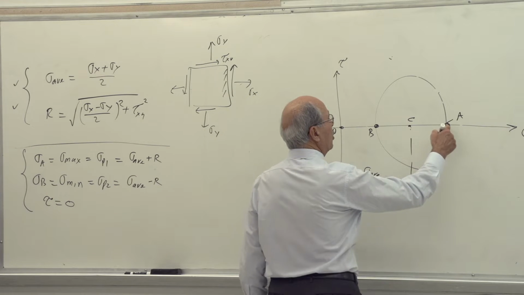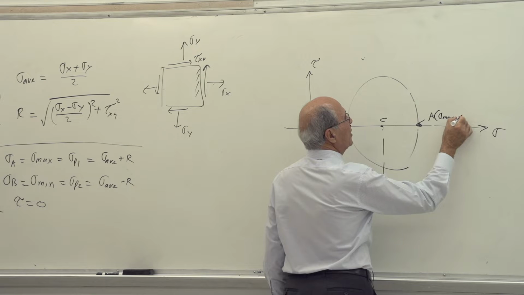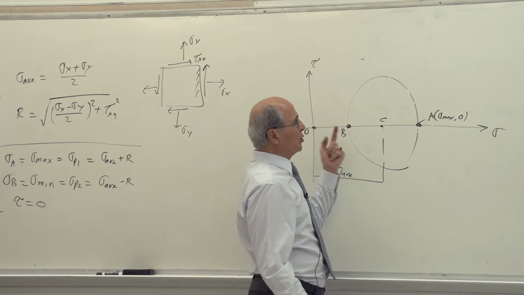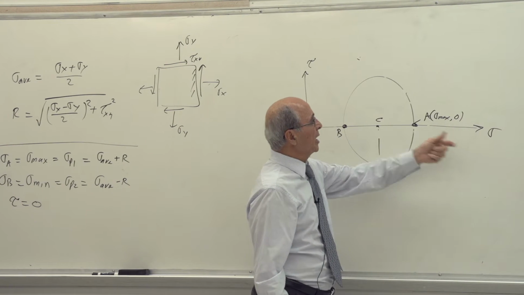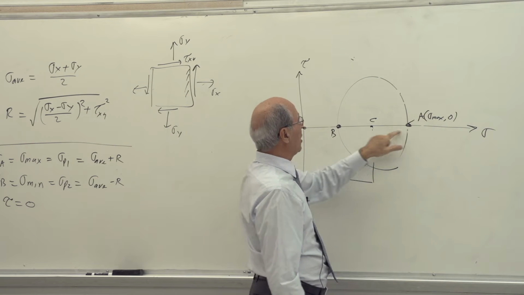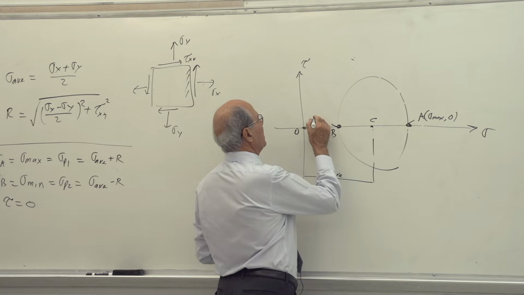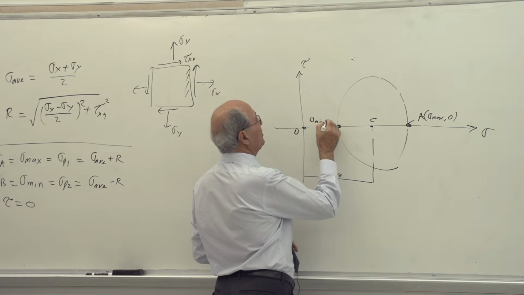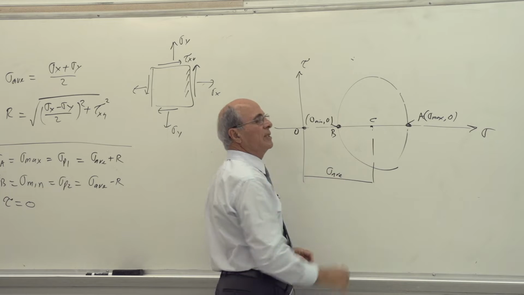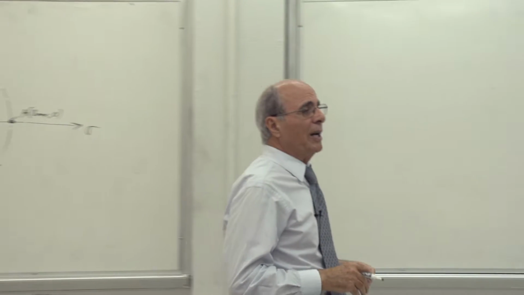So nevertheless, the coordinate of this point is sigma max, and tau is 0. You see, you have to change your mind from x, y to sigma and tau. Sigma is sigma max, but tau is 0. Here, the coordinate of B is sigma minimum, or the second principal, and 0 as well. Is that correct or not? There are 2 more points here which are also significant.